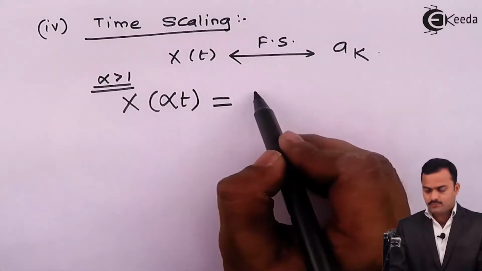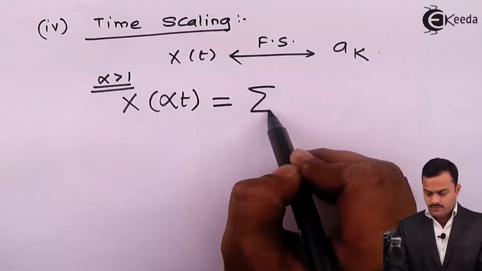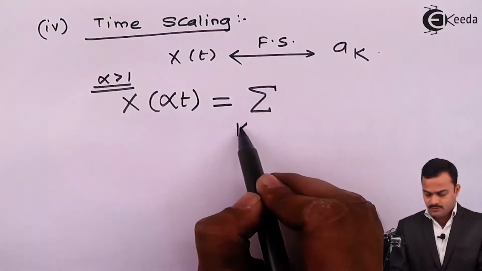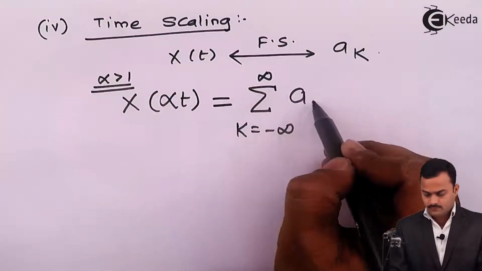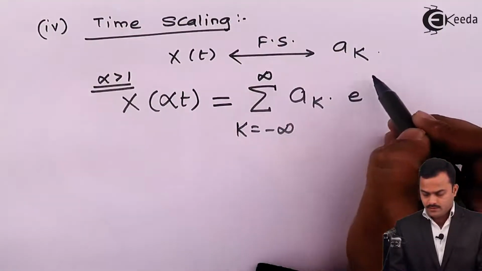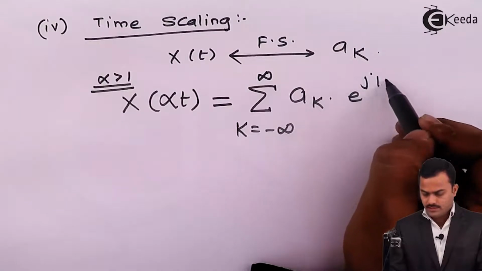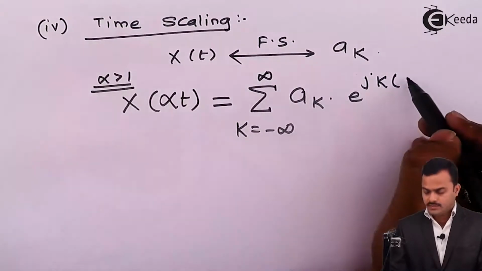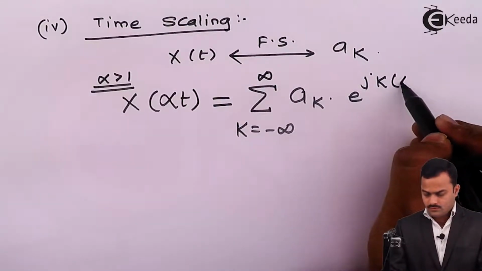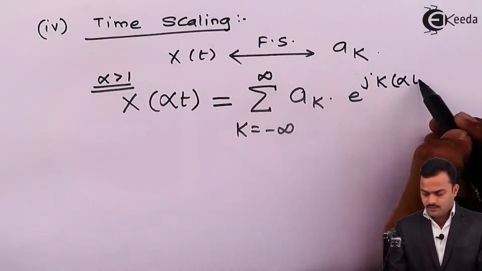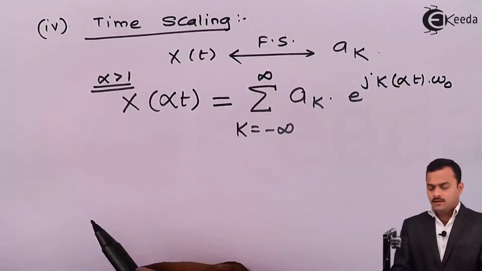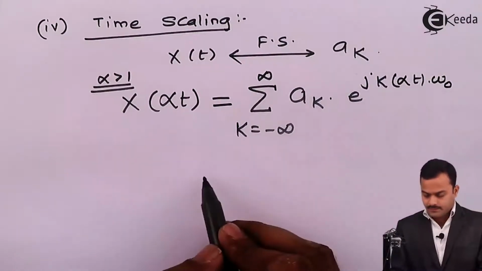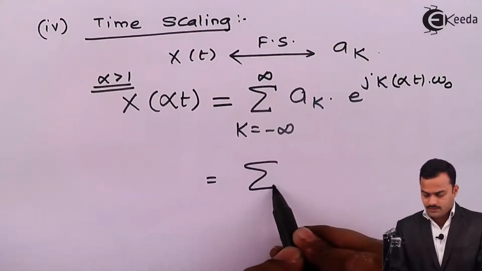So the x of alpha t Fourier series representation will be summation k from minus infinity to infinity a_k e raised to j k, instead of t, I have to put alpha t into omega 0. The same I can represent in a different manner like this.